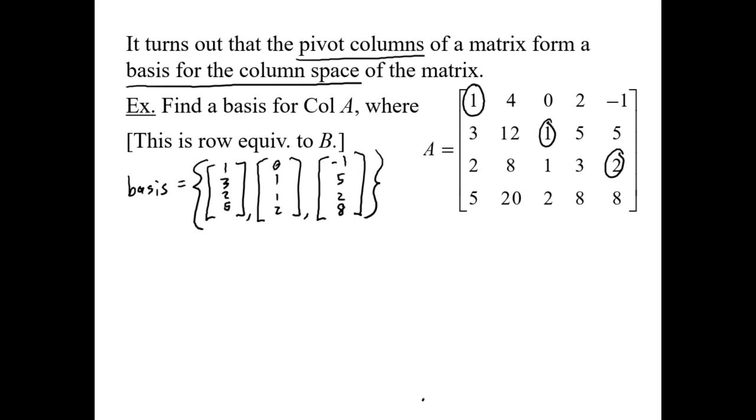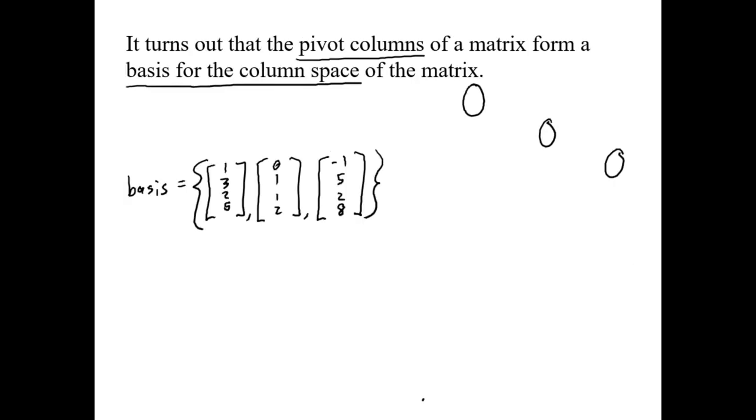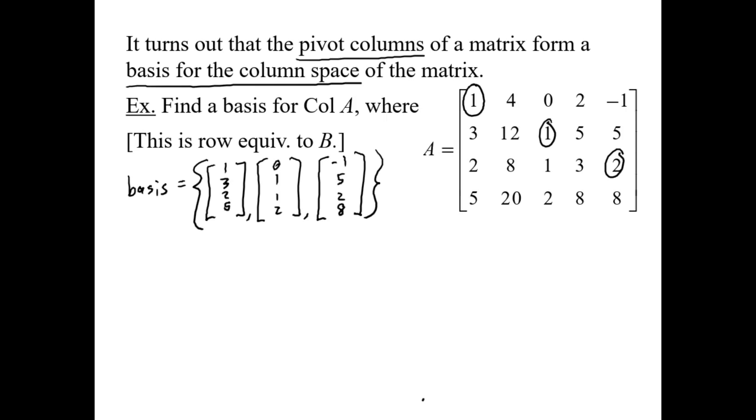Now, there's a really important thing that we have to be careful about. First of all, as we've already discussed, to find the null space, you have to do all the row reductions. You have to reduce it to reduced echelon form. That was the only way to do that. For the column space, we didn't have to do that before.